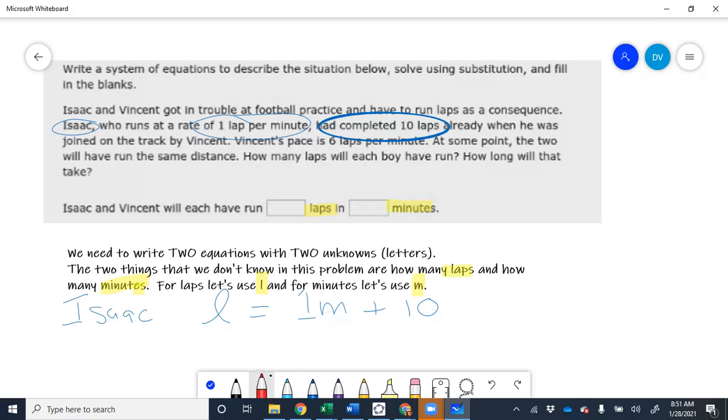Let's use red for the other kid, Vincent. Vincent, he goes 6 laps per minute, and he hasn't run any yet, it looks like. He just started, yeah. Okay. So, Vincent just started goofing off or whatever.